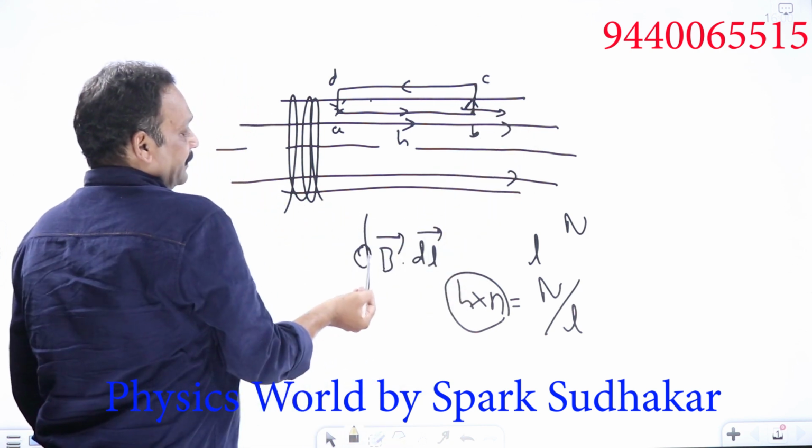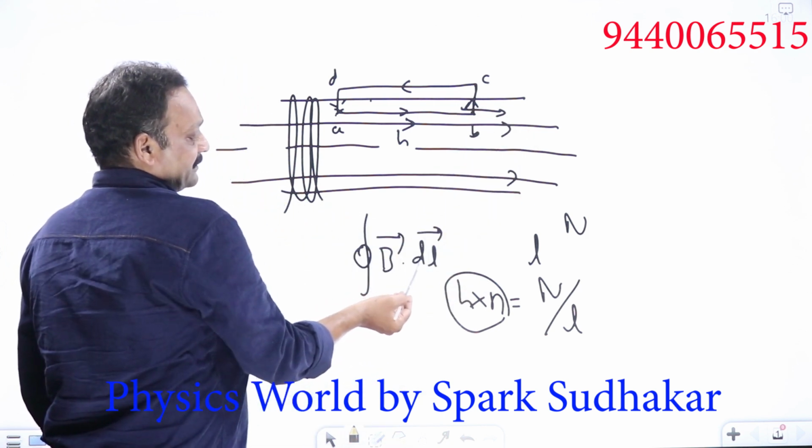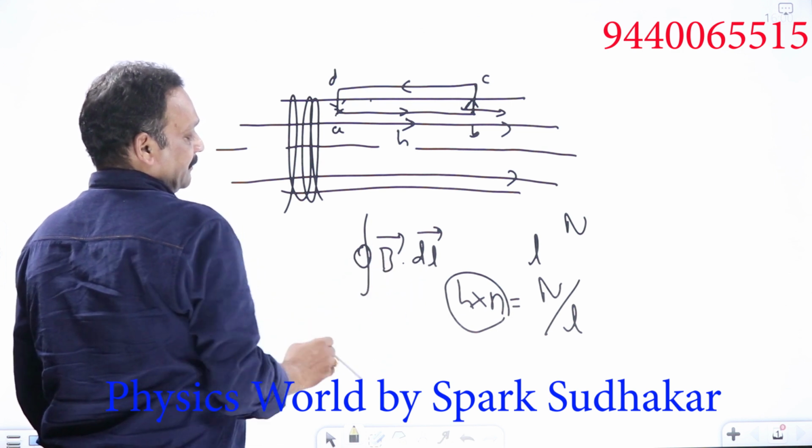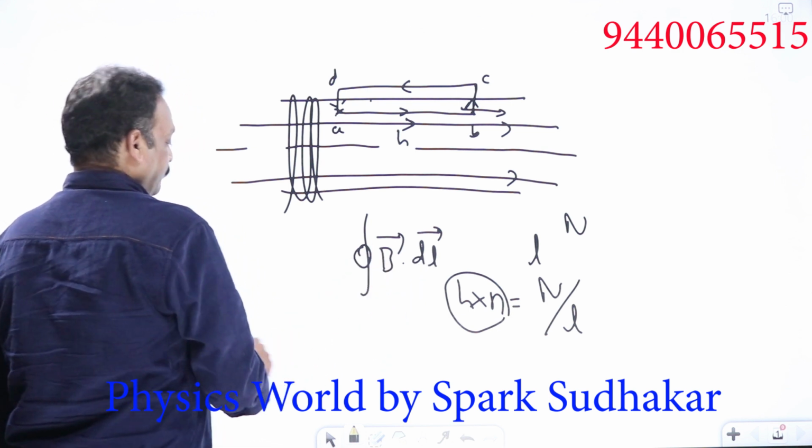So we can split this circular integral B bar dot dl bar into 4 parts.